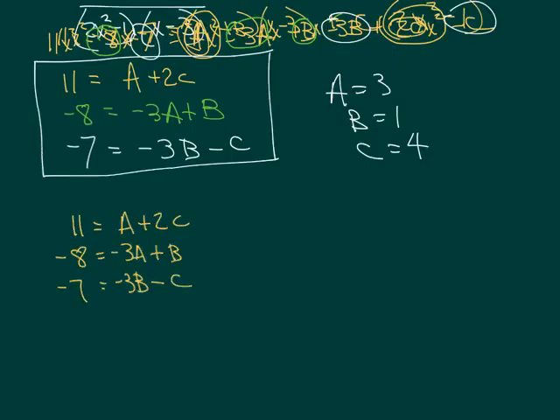Alright, so what I'm going to do here is look at my first equation and my last equation, and I'm going to look at just those two. So if you can look at those for me, I'm going to get rid of my c's, because if I get rid of my c's, I have an a and a b left there, and I have an a and a b there. So then I can take the answer of combining this first and third and combine it with this one. Okay, so if you don't get that, just follow along with what I'm doing.